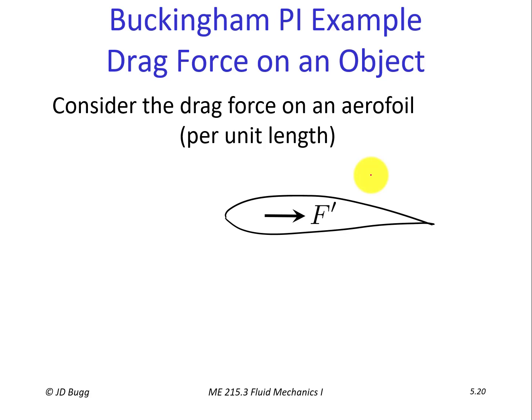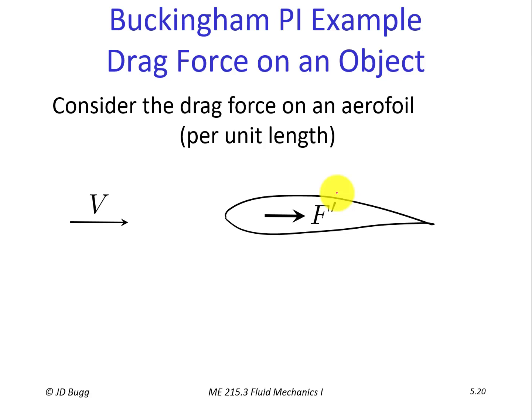So what might that force per unit length depend on? Realize this F prime is our dependent variable. That's what we're studying in this problem. We could also do this looking at the lift force, but in this illustration we're looking at the drag force. So what does that depend on, or what are the independent variables that we need to look at? Well, certainly the free stream velocity, which I'm going to call V, is definitely going to have an effect on that force. Low wind speed, high wind speed definitely affects the force. We know that for sure.